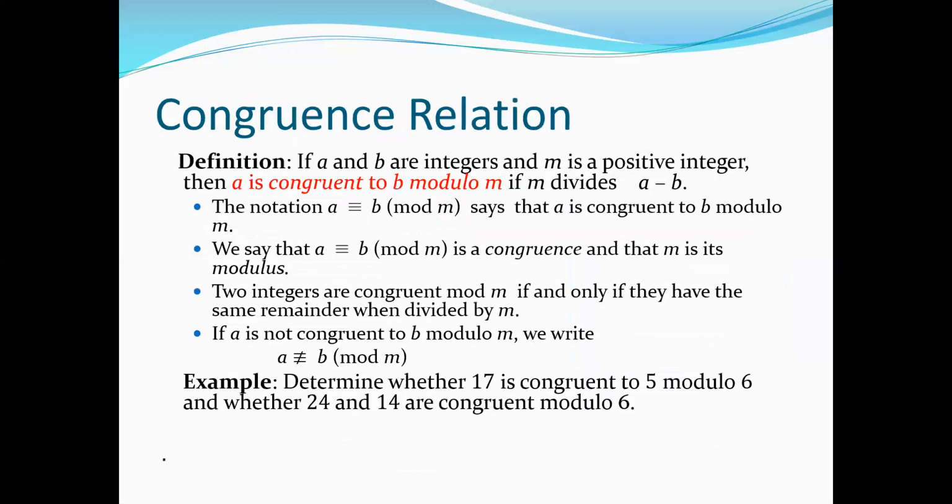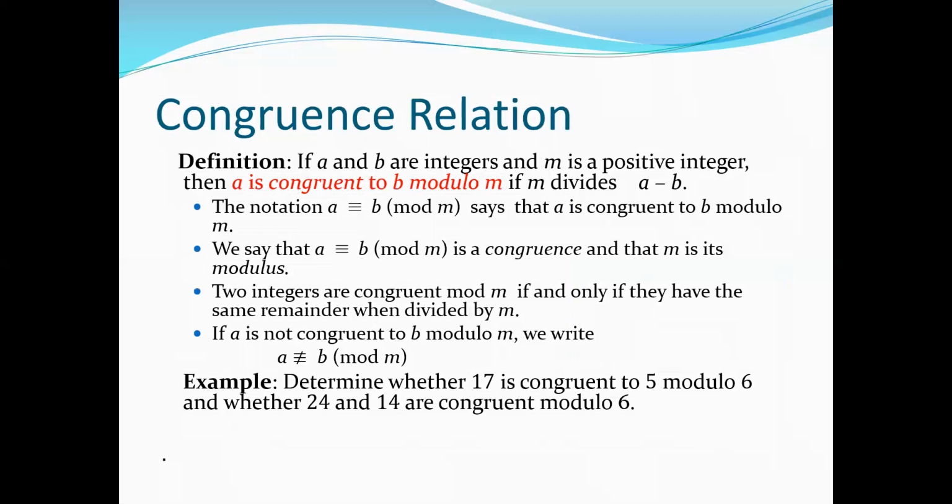Now, let's move on with the congruence relation. So the definition: if a and b are integers and m is a positive integer, then a is congruent to b modulo m if m divides a minus b.